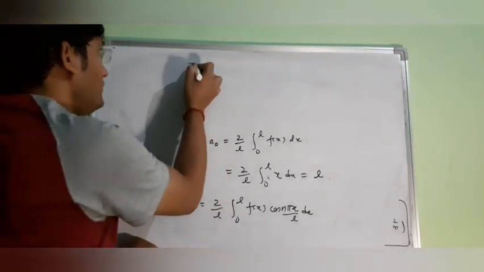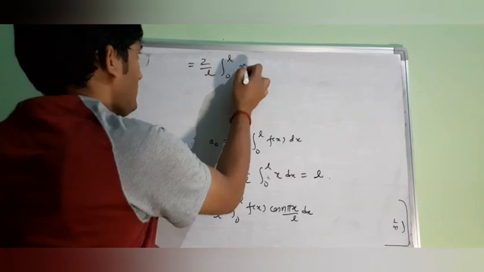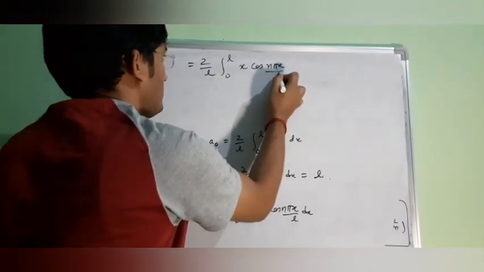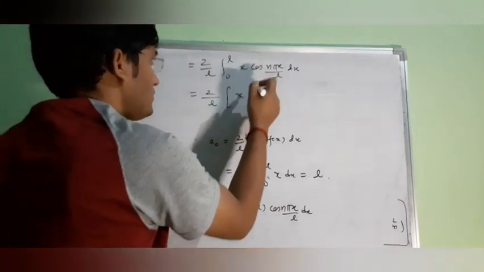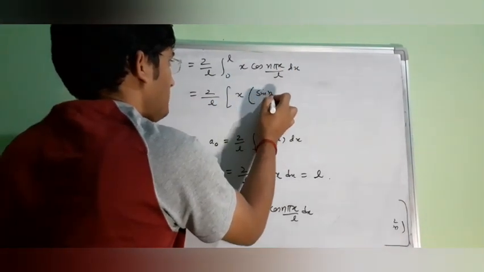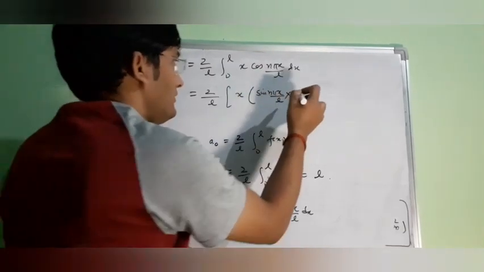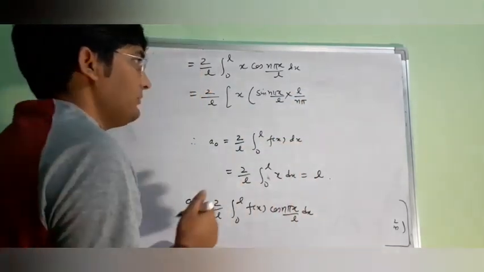So this is equal to 2 upon L, integration 0 to L, f(x) was x. Now integration of this will be x, integration of cos will be sin(n pi x upon L). Then in the denominator we will have n pi upon L, so this will be L upon n pi.